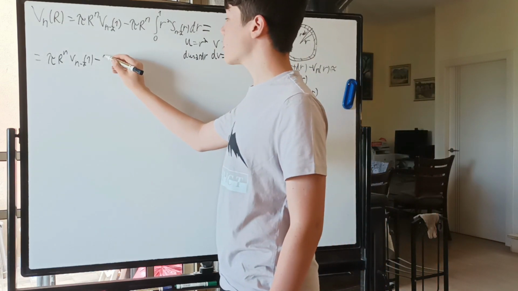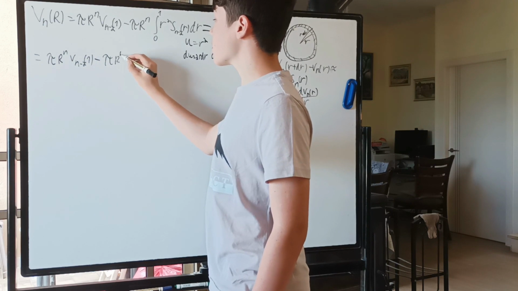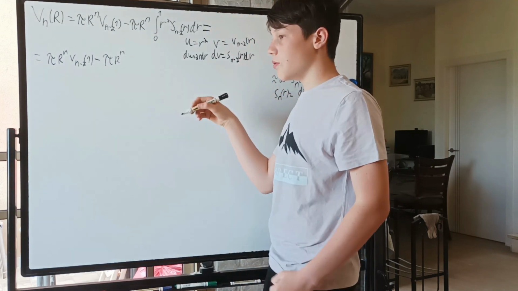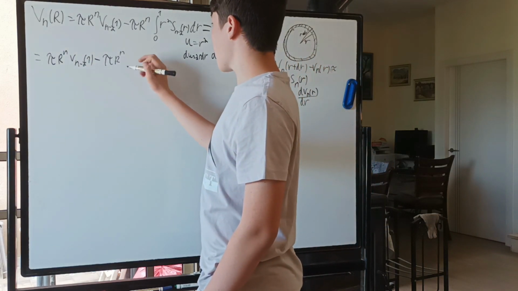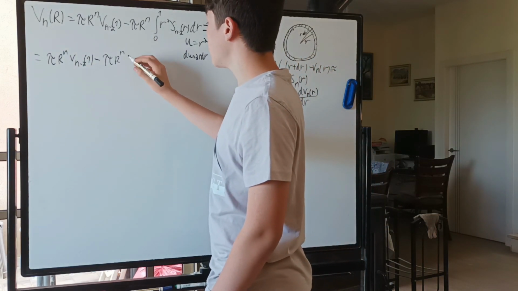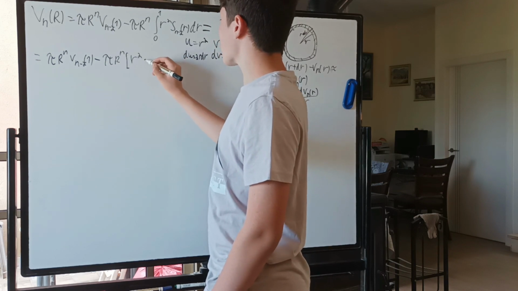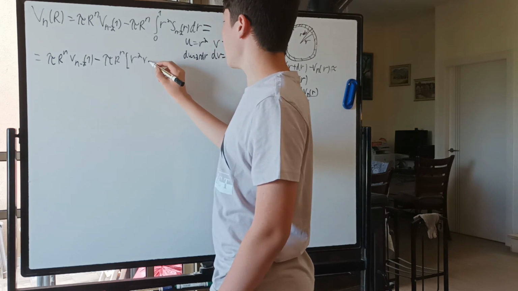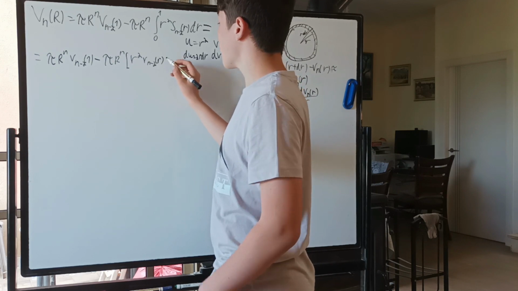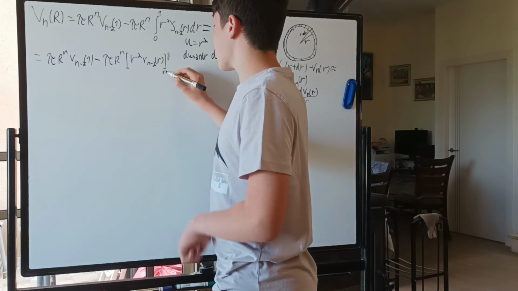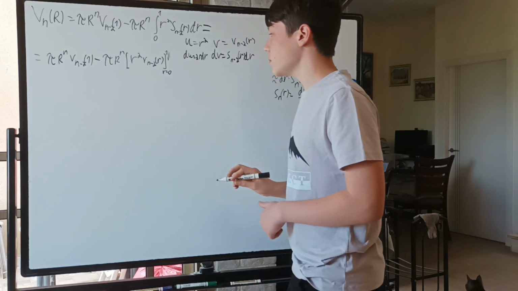So let's write this. This is pi, and then minus, in our case, uv. Because we have this minus in the beginning, times r squared V_{n-2}(r), where r goes from 0 to 1.